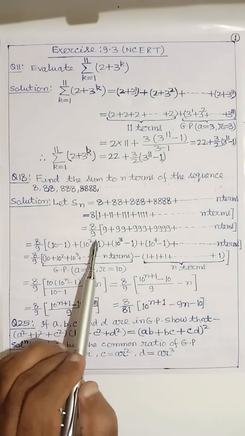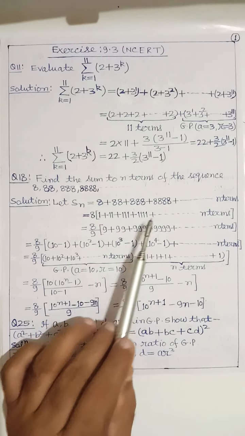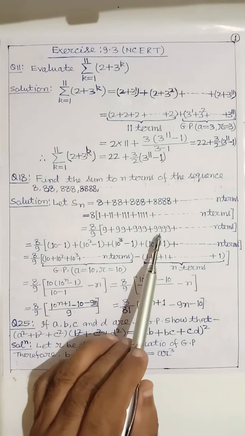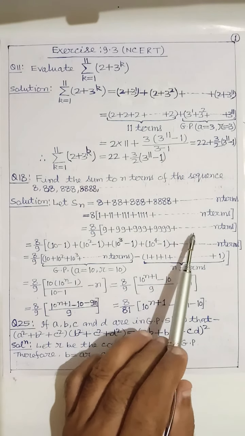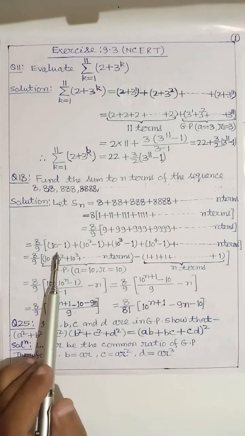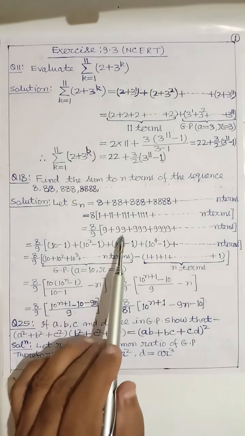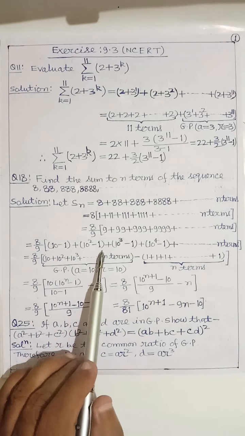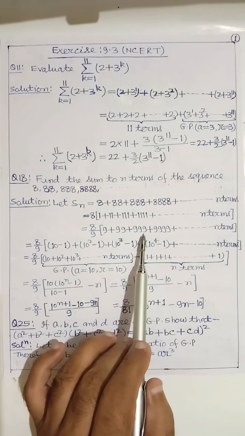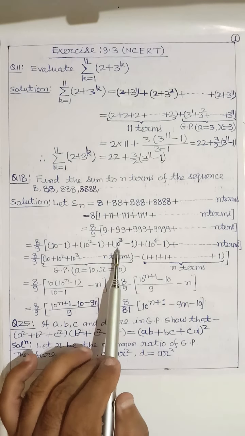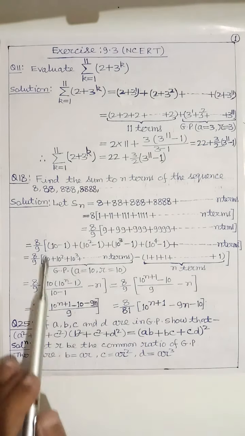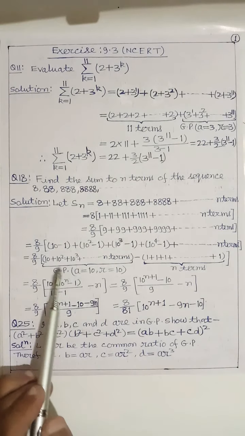So we can write 8 by 9, and we get 9 plus 99 plus 999 plus 9999 and so on up to n terms. Here 9 can be written as 10 minus 1, 99 can be written as 100 minus 1, that is 10 square minus 1, 999 as 1000 minus 1, that is 10 cube minus 1, and so on.